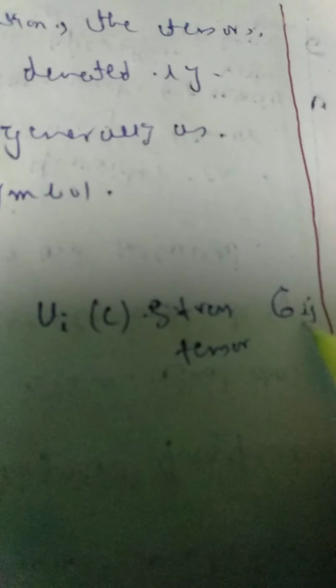Next is the stress tensor, which is represented by sigma ij. So here there are two indices, which are generally attached as subscripts to this symbol. So there are two indices or two subscripts.